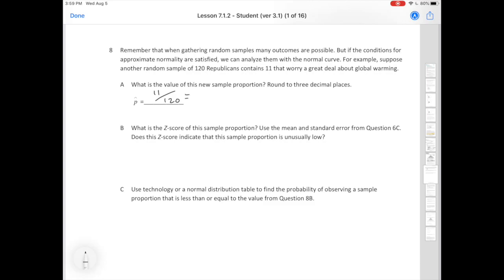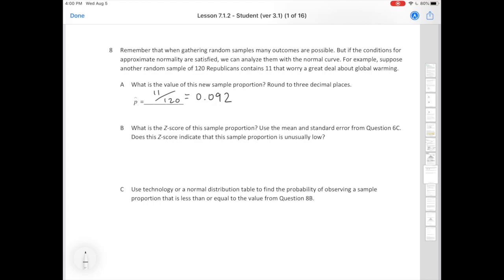If I do that in my calculator, I end up with 0.092. That's me rounding to 3 decimal places.